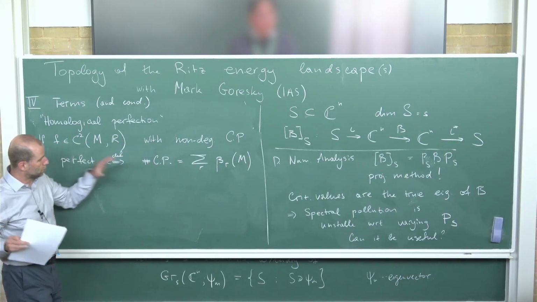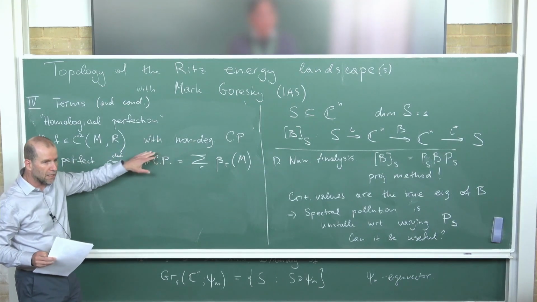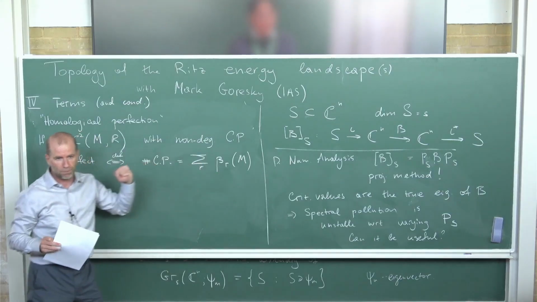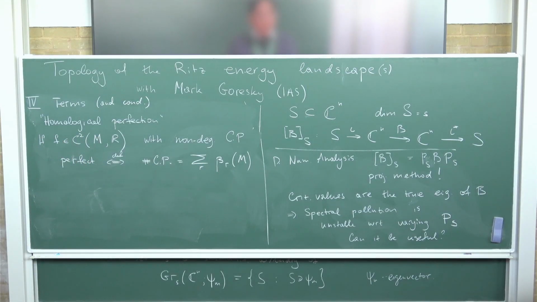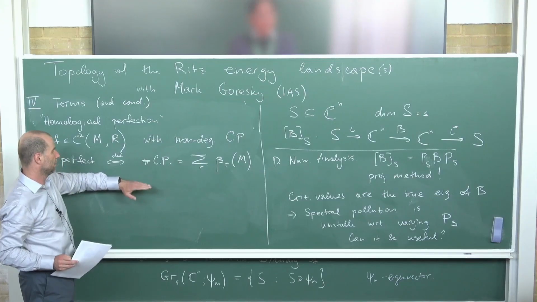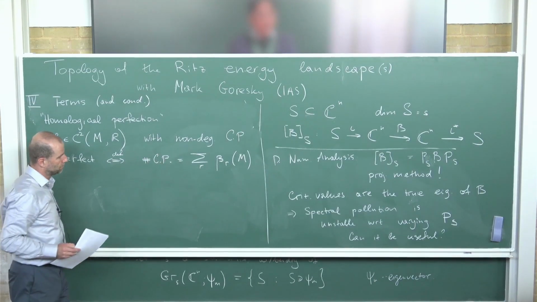This is a very crude version of Morse inequalities. You can go deeper by classifying critical points by their index, and they give individual betas. But this is that. So we have a minimum, and Morse theory says that this is the minimal possible number of critical points.